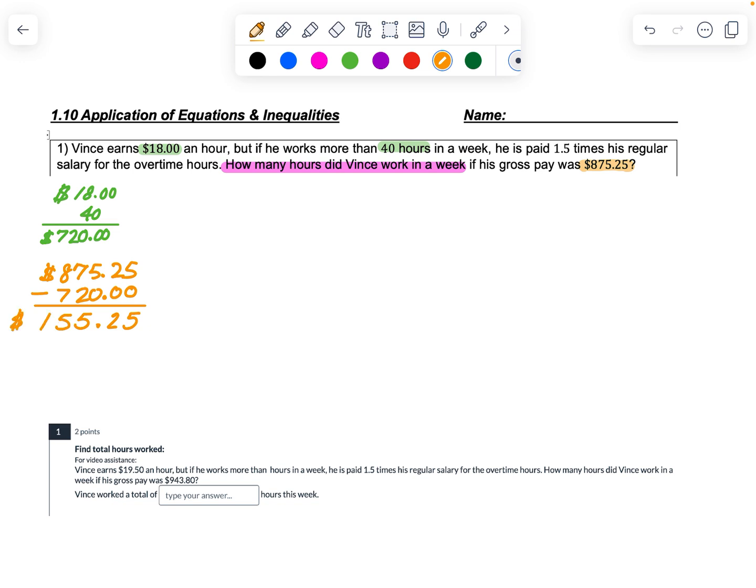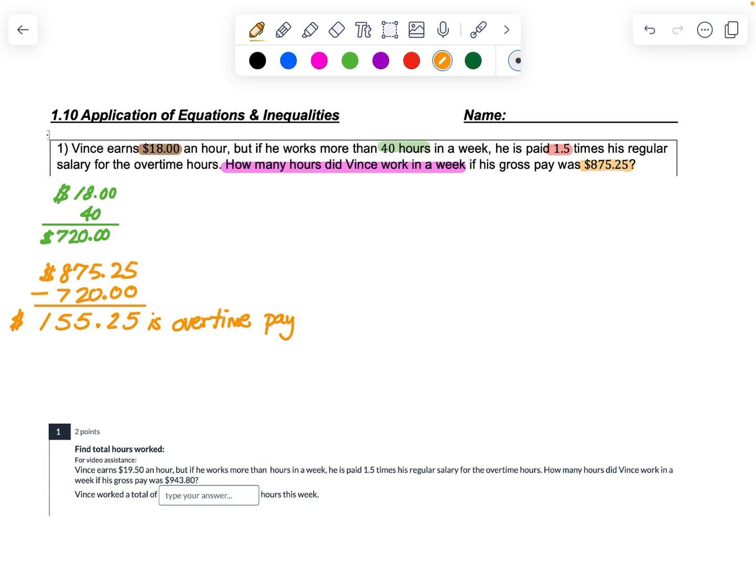So we know $155.25 is overtime pay. And we know by the information that was given to us that he gets paid time and a half of $18.